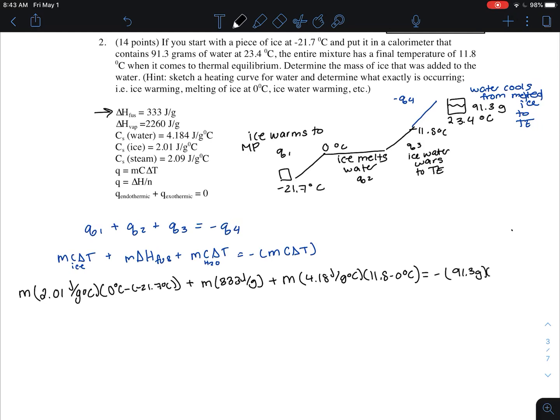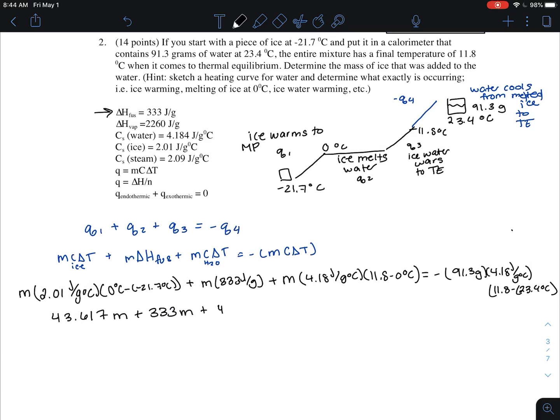And that is all equal to my water cooling, which becomes my mass of water, which I know, 91.3 grams, times my specific heat of water, 4.18 joules per gram degrees Celsius, times my temperature change. Well, my temperature change is 11.8 minus 23.4 degrees Celsius. So then you finish all of your little calculations, leaving M, or X if you want to use it, because you don't know the mass, since you're solving for the mass of the ice.